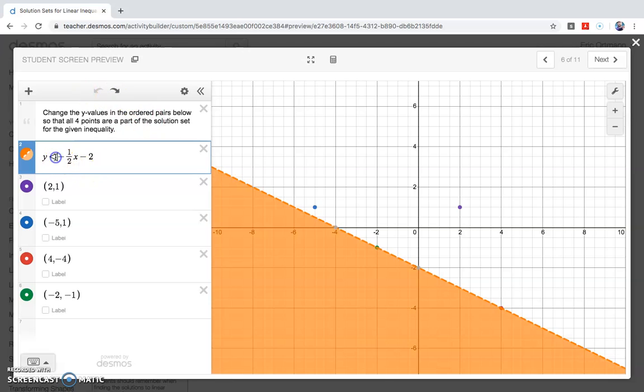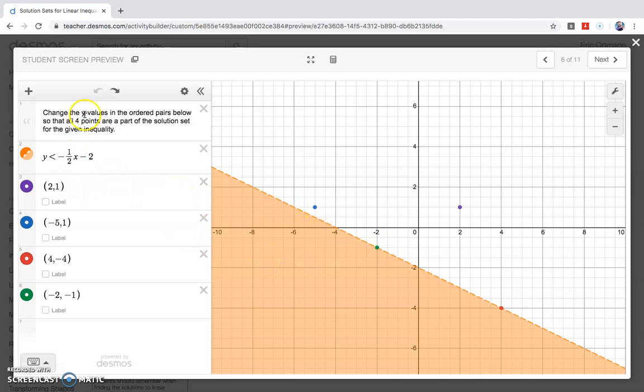If I type an equals after the less than, it becomes less than or equal to, and that line becomes solid now. So that line includes anything that's on the line. Any of those dots that are on the line are a part of the solution. But when I have just a less than, that green dot and that red dot are not a part of the solution. And so what I want to do is move those dots inside.